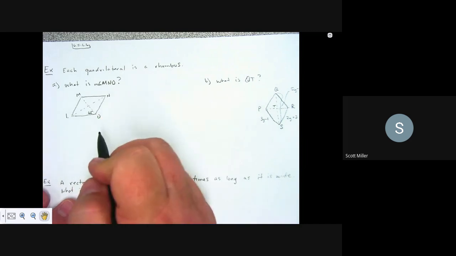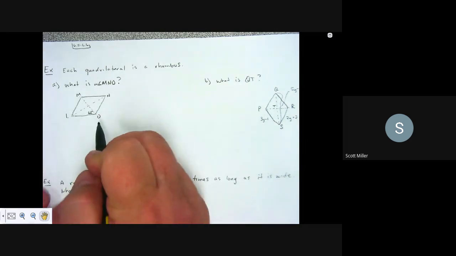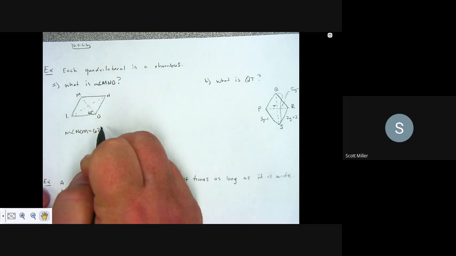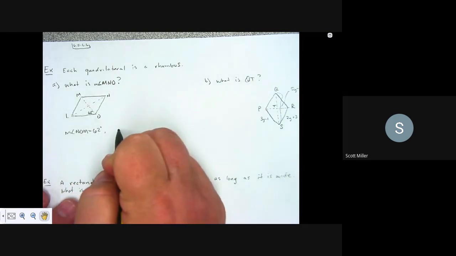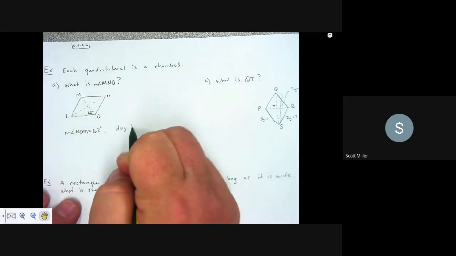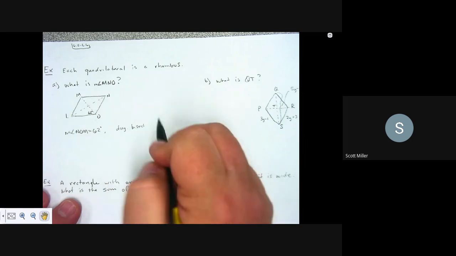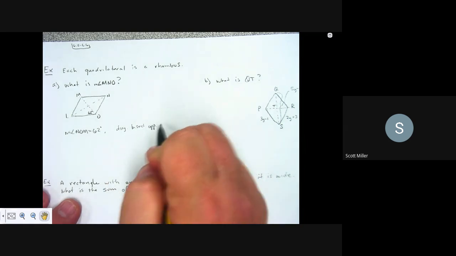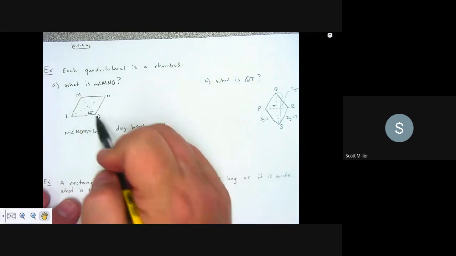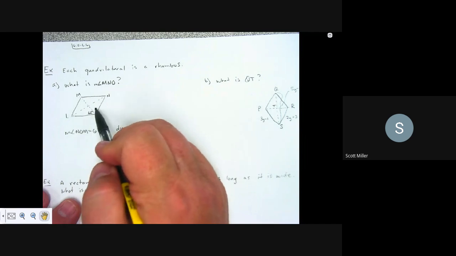Well, some things that I know is this. I know that the measurement of angle NOM equals 62 degrees. Why? Because the diagonals bisect opposite angles. So I know that this diagonal bisected this angle over here, which means they're both 62.